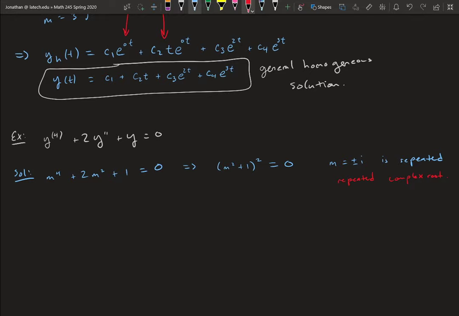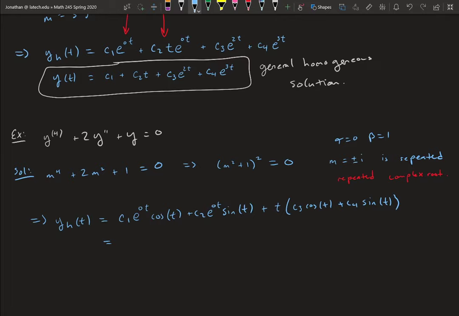So what we are going to do is say that y sub h of t, where alpha is 0 and beta is 1, equals c1 e to the 0t cosine t plus c2 e to the 0t sine t plus, and all we do now is multiply by t, t times (c3 cosine t plus c4, my favorite, sine t).